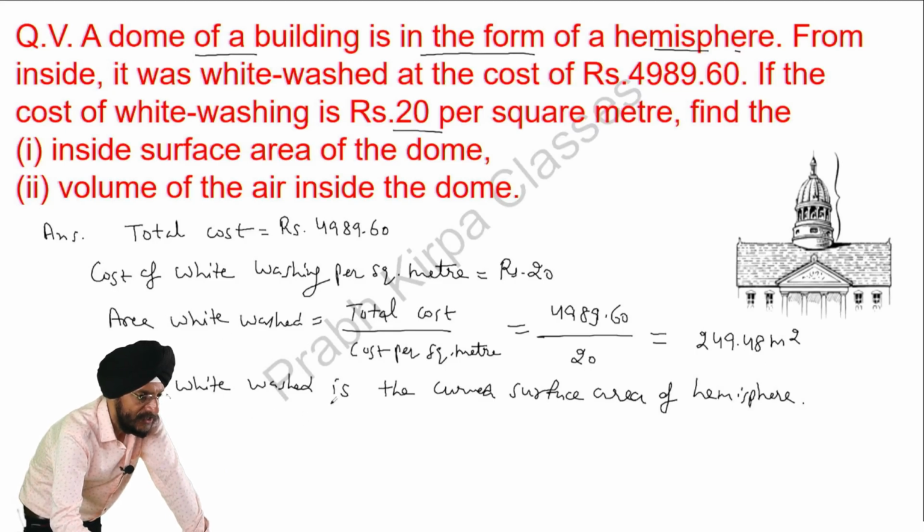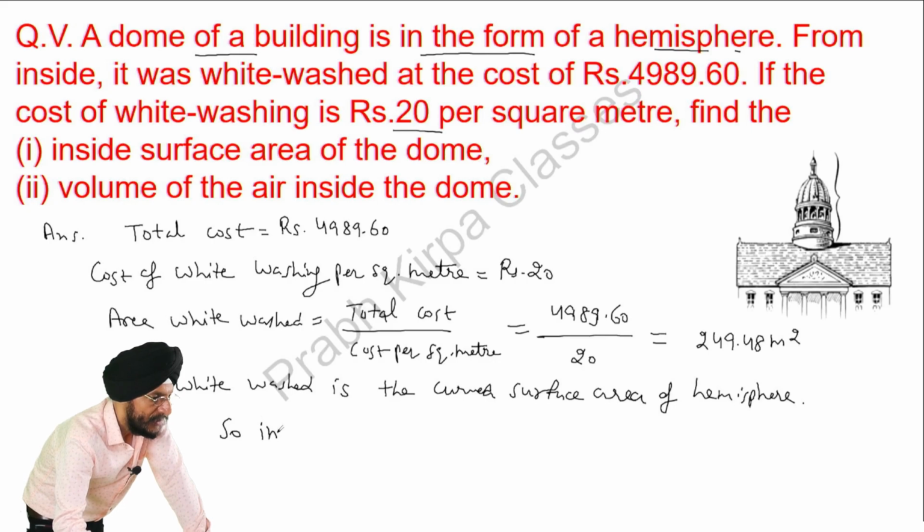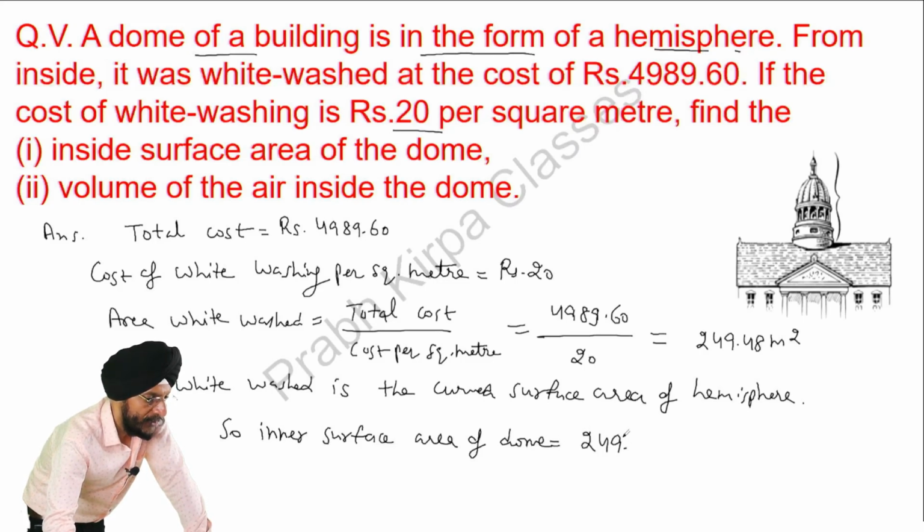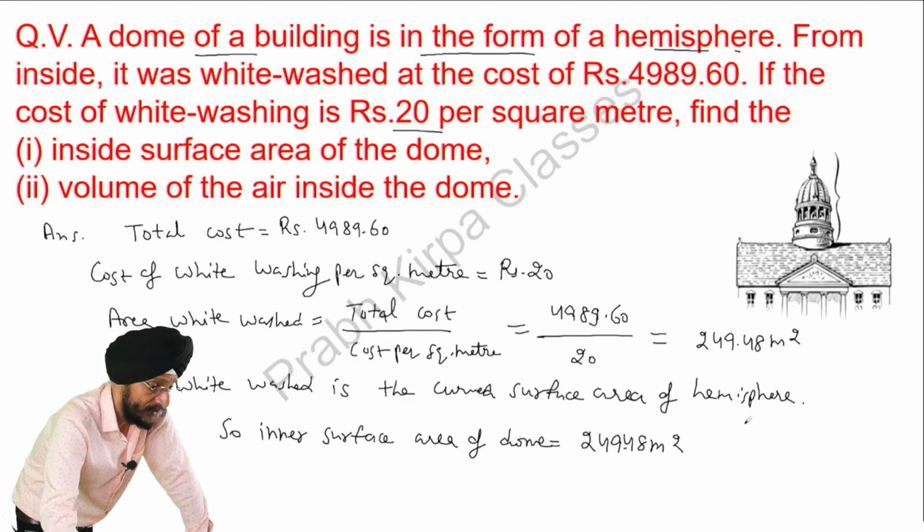So area whitewashed from the inside of the hemisphere is equal to the curved surface area of the hemisphere. So inner surface area of dome is equal to 249.48 square meter. This is the first answer. Inside surface area of the dome is equal to 249.48 square meter.